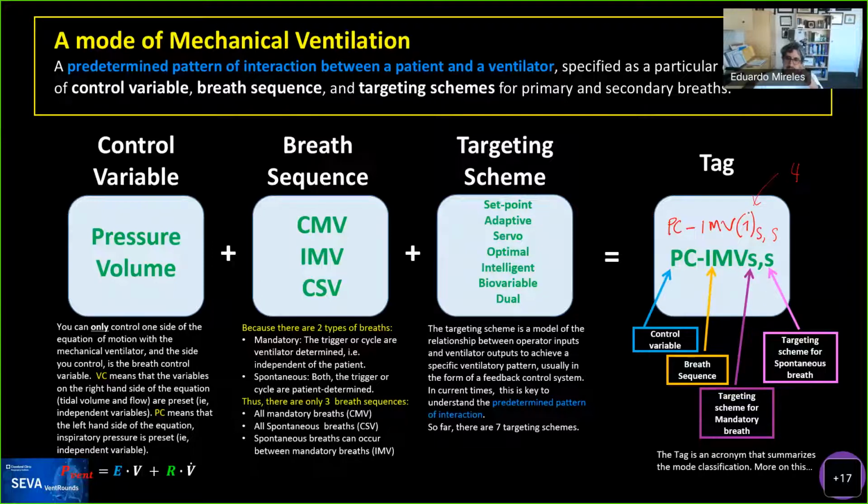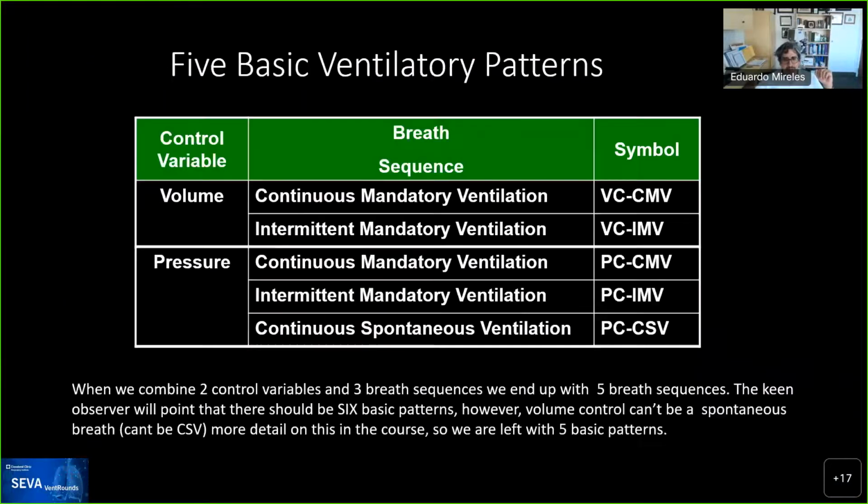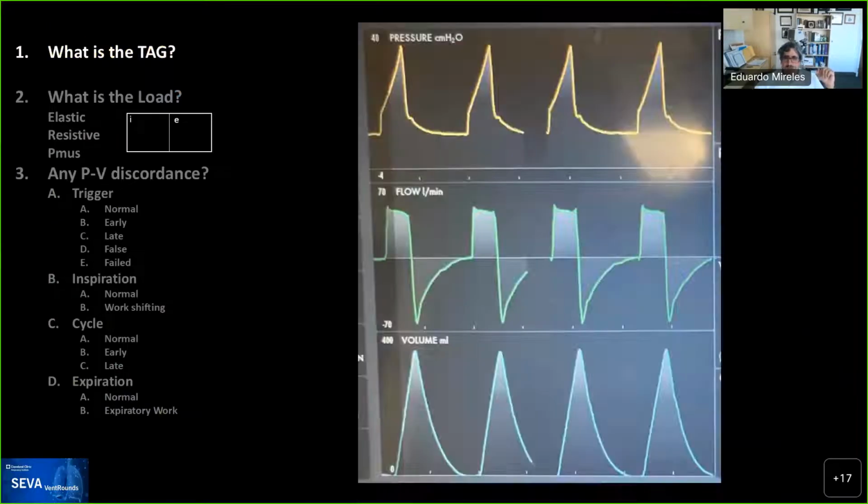And have no fear. This is the moment in which you put whatever you think, and we'll analyze it here. Very good. I see someone entering.